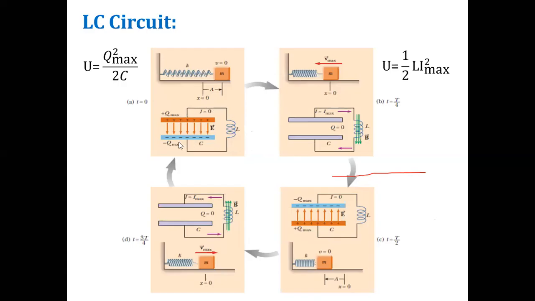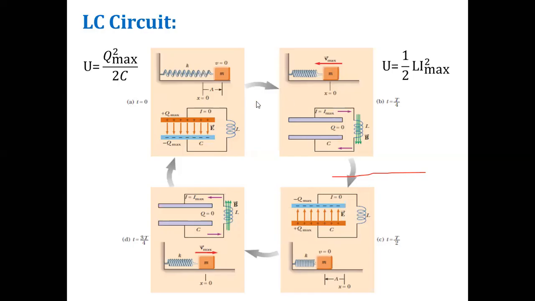You know that the energy that is stored in the capacitor is in the form of electrical energy, and the energy that is stored in the inductor is in the form of magnetic energy. And hence in this circuit, your energy is going to oscillate between electrical energy and magnetic energy. But the sum of these two terms is always going to remain constant, right?